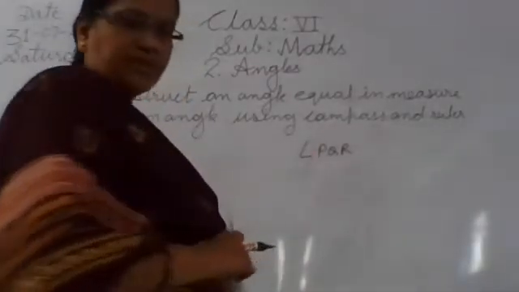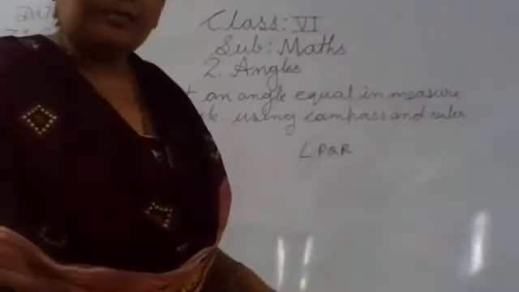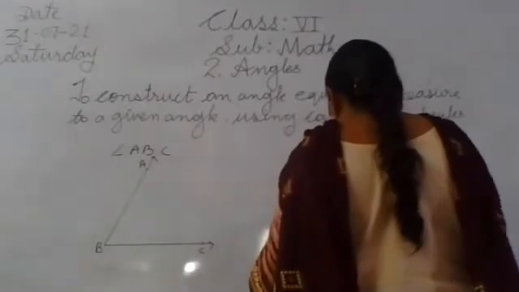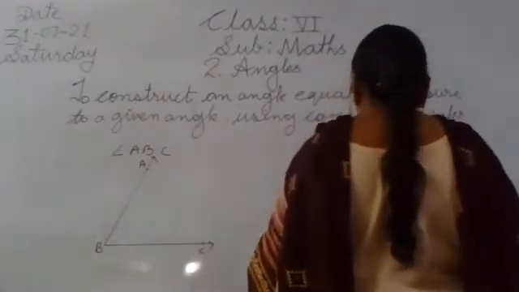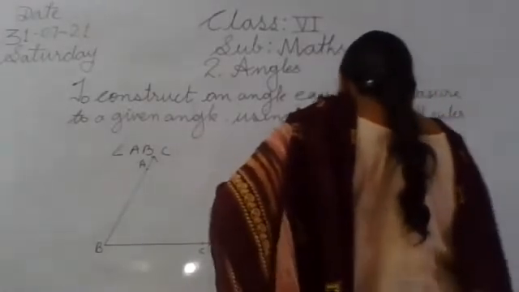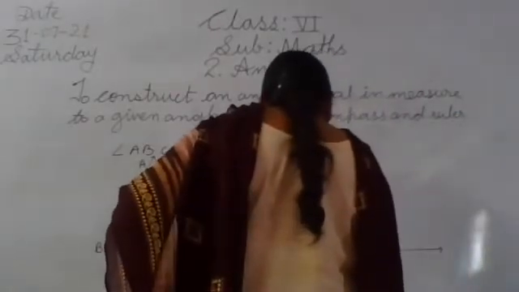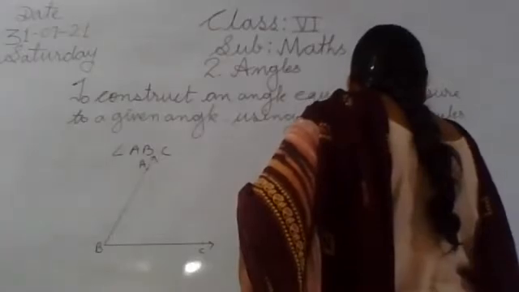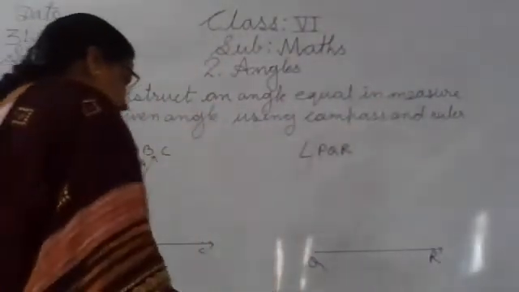So for that, beta, we need the base of the angle, that is QR. So we will draw QR. QR is the base of this angle PQR.